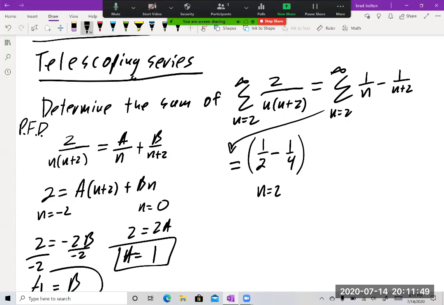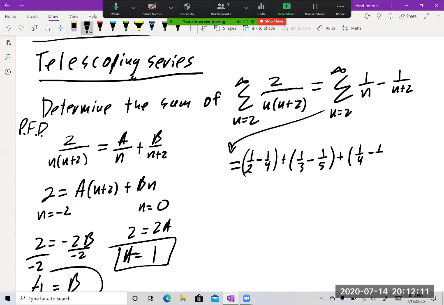Now I'm going to plug in the next one. Remember this is a series, so we're adding, so this will be n equals 3. You know what, this is too big, I'm going to run out of room. So let's do 1/2 minus 1/4 plus, now I'm going to plug 3 in, 1/3 minus 1/5, plus I'm going to plug a 4 in, 1/4 minus 1/6.